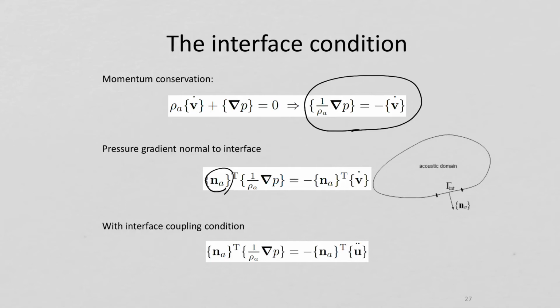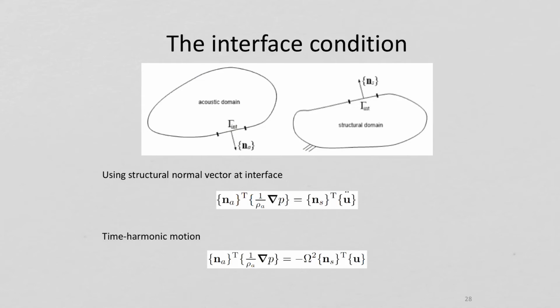And then we use the interface boundary condition, the coupling condition, saying that we know that the acceleration of the fluid particles is equal to the acceleration of the mass at that point, right? So now we have connected our interface coupling condition down here, expressed in the way that we want it to be expressed.